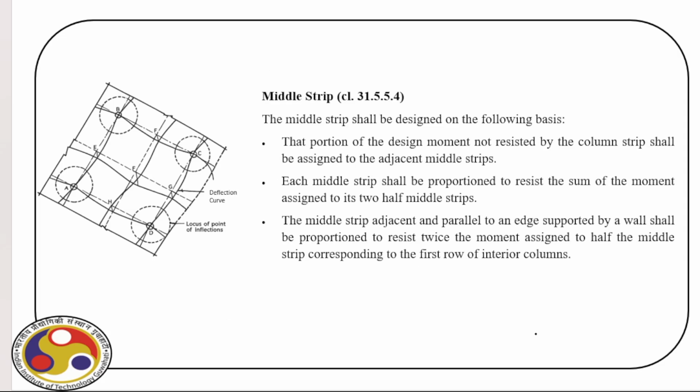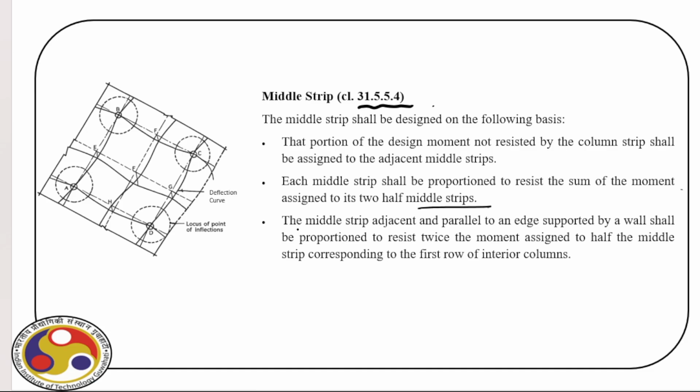Okay. Then comes the middle strip, which is given in 31.5.4. So for the middle strip, that portion of the design moment not resisted by the column strip shall be assigned to the adjacent middle strip. Each middle strip shall be proportioned to resist the sum of the moments assigned to its two half middle strips.